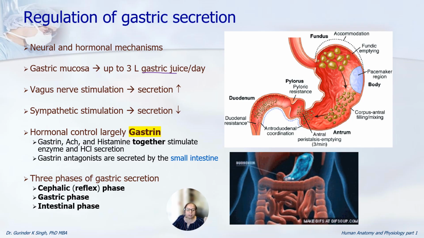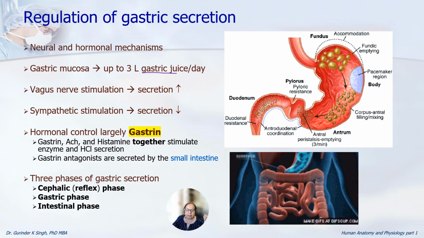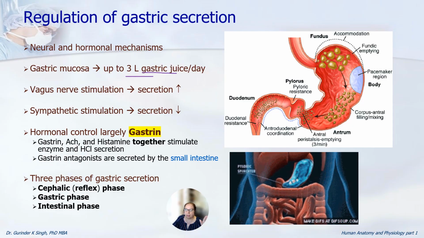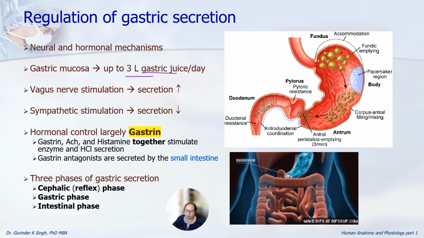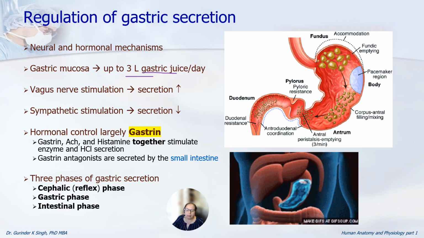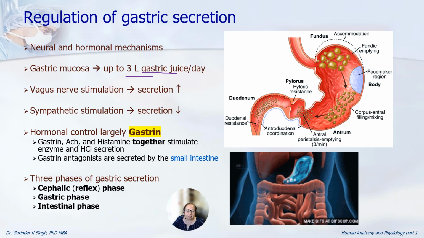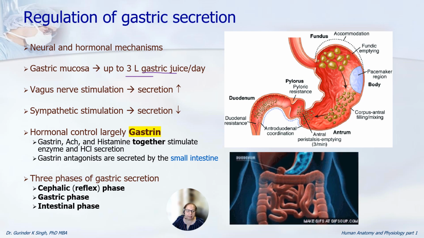On a daily basis, our gastric juice is around 3 liters, which is a little bit less than a gallon.